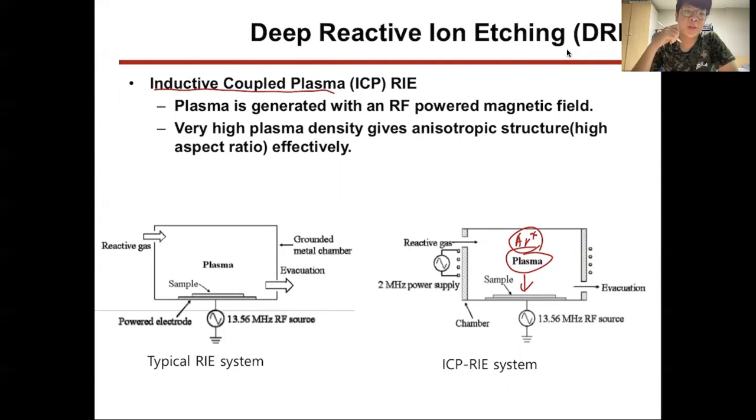Using ICP makes a very high density plasma, and it can help in having very high energies. For the reactive gas, there will be collisions, so there would be a loss of energy. This ICP process can help buffer that loss of energy.